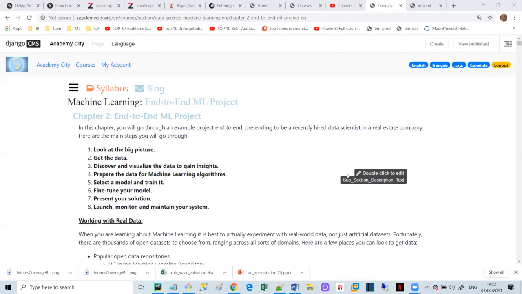And then we will take another example in this chapter and implement every step on that example, okay? So first of all, you really need to look at the big picture. By the way, I'm just going to mention all of them, but then I'm going to dive deeper into each topic. Look at the bigger picture means understand the problem, understand what you really need to do.